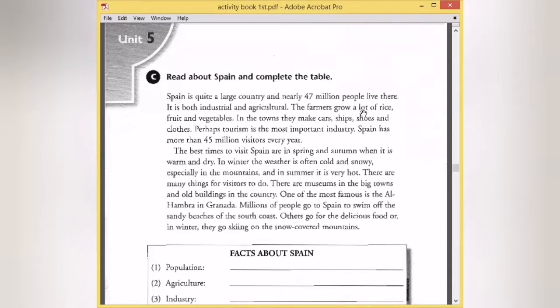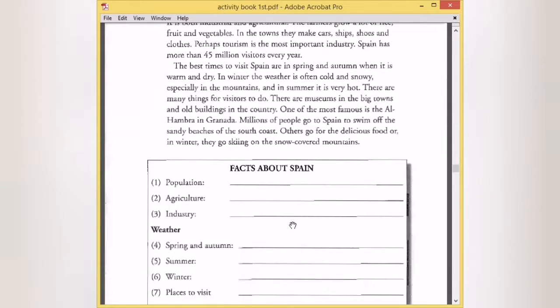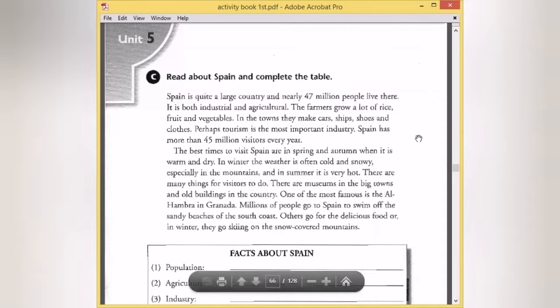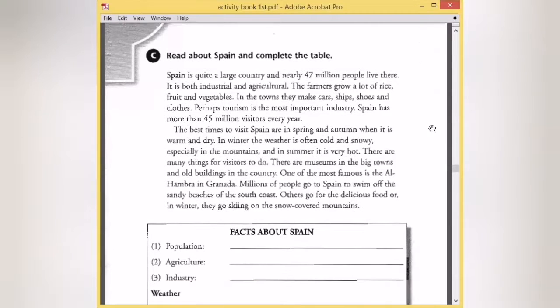So here in exercise C, you have a text about Spain. Let us read it and write facts about Spain in the table below. Let me read, and read it with me. Oh, you can read it, Yaman. It's okay, let us listen to Yaman instead. Yalla, Yaman.